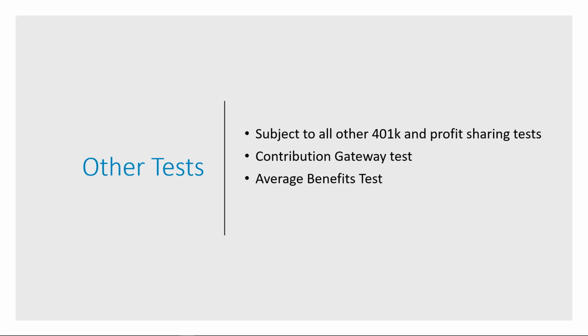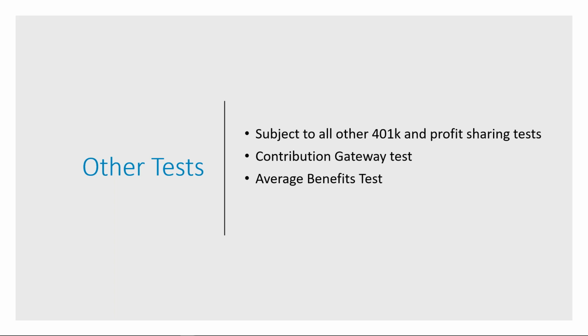So keep that in mind. If you have a safe harbor 401k and you actually make a profit sharing contribution, you do have to pass additional testing. And one of those is what's called the contribution gateway, which we'll get into in a minute, and the average benefits test.